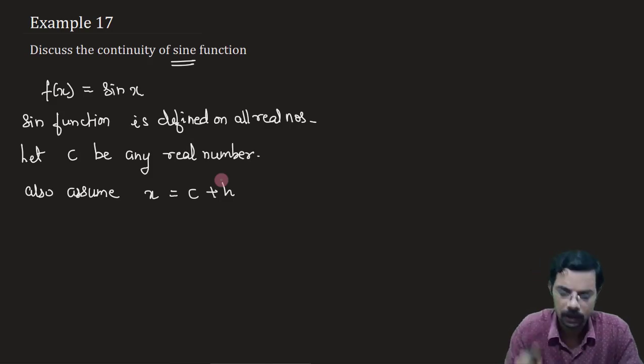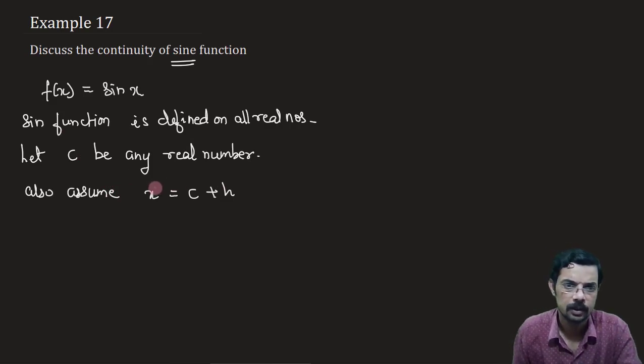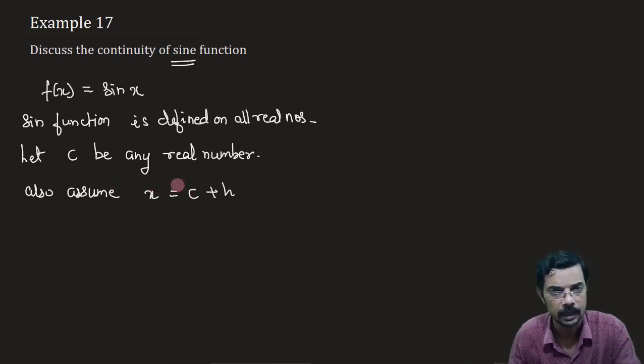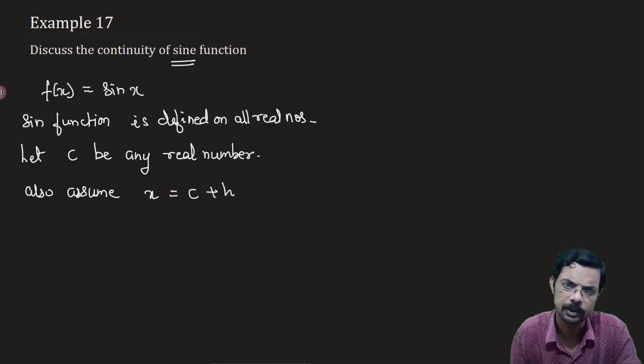So when h is positive, x will approach c from the right, and when h is negative, x will approach c from the left. That is the concept. As x tends to c, h will tend to 0.